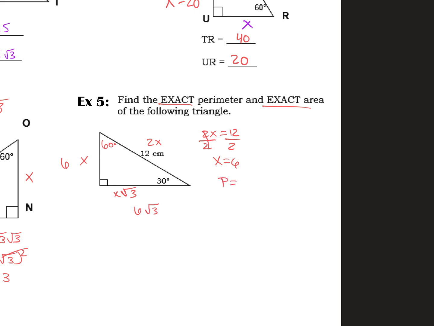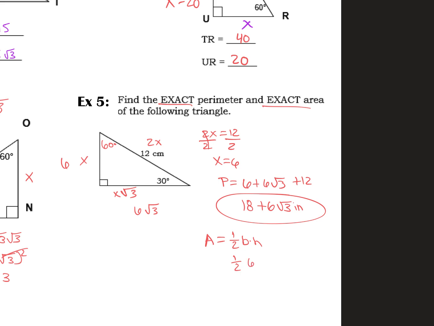And again, I'm going to set up my perimeter first. So 6 plus 6 rad 3 plus 12. And since I want an exact number, I'm going to get 18 plus 6 rad 3 inches. And that will be my perimeter. And for area, I'm going to do base times height, or half base times height, sorry. And so I'm going to do half 6 times 6 radical 3.